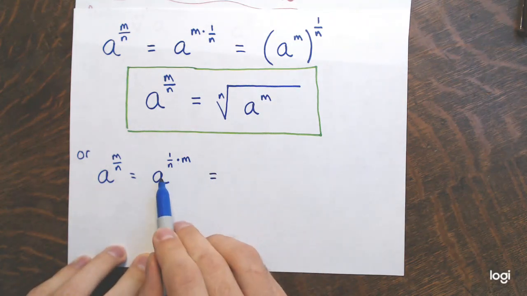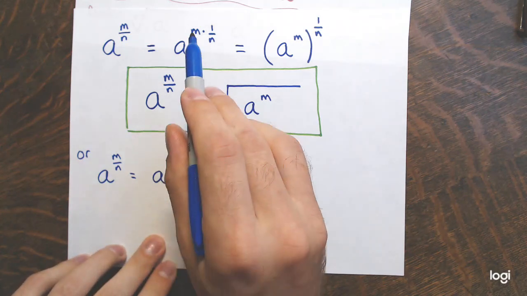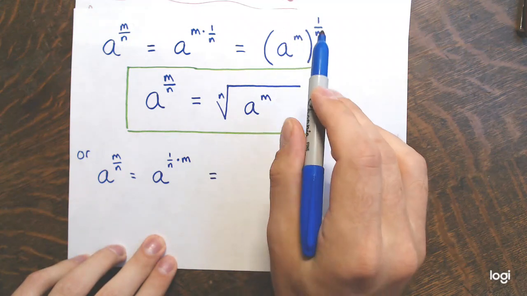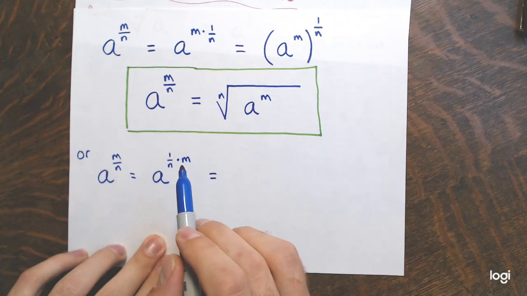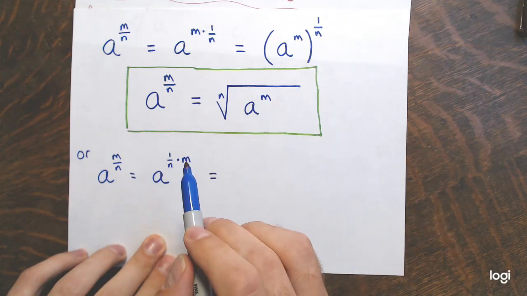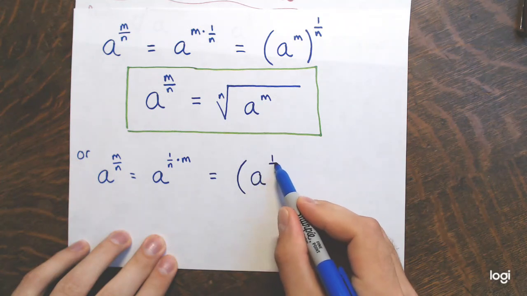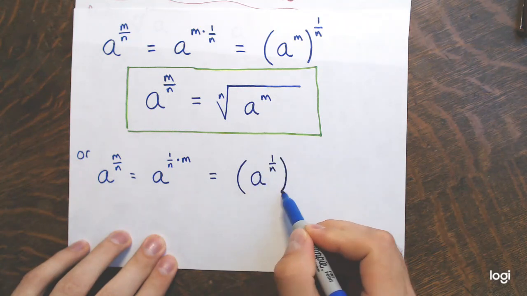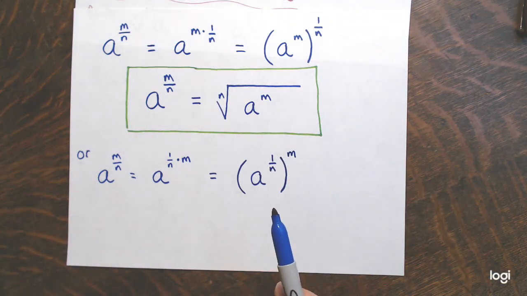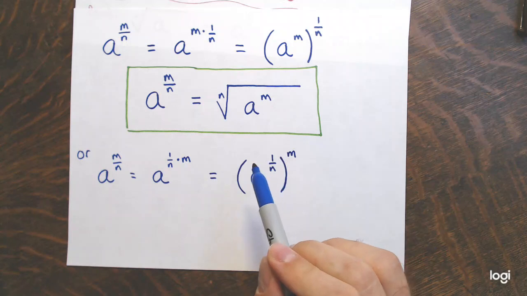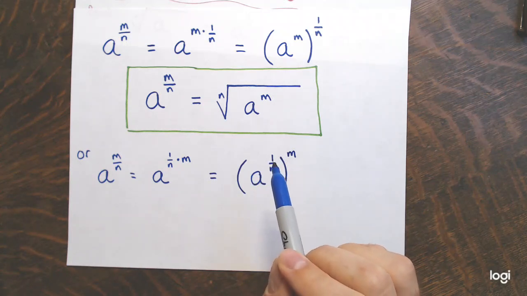And then here I have a base to an exponent that's a product, just like up here. And so I should be able to write it like this, with a power to a power, but this time the inside power will be 1 over n, and the outside power will be this m. So I can write this as a to the 1 over n, and then raised to the mth power. And just as before, look inside the parentheses now. You see I have an expression a to the 1 over n.